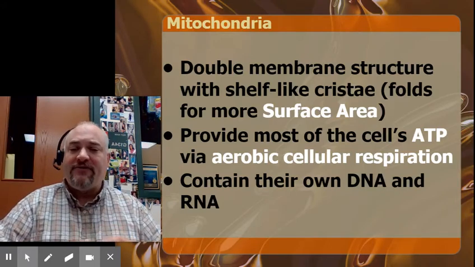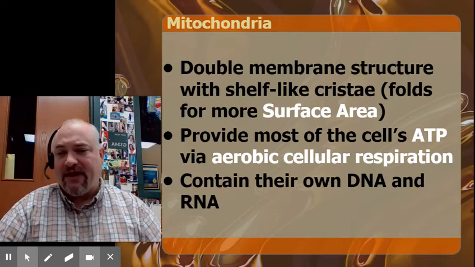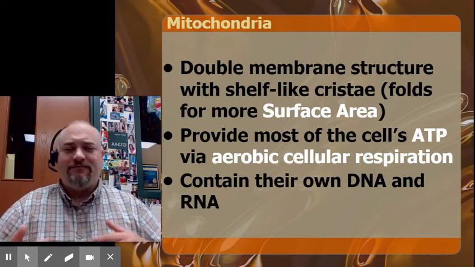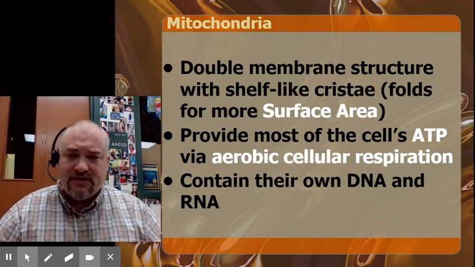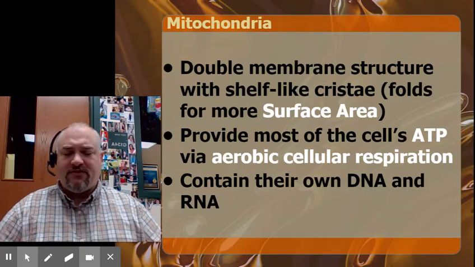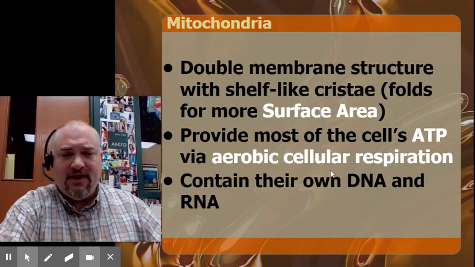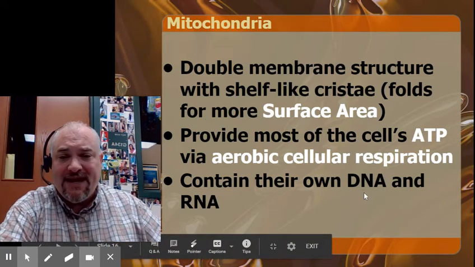So the mitochondria takes that glucose, turns it into ATP via a process called anaerobic cellular respiration, which is our main source of energy. We can do anaerobic without oxygen, but it's much less efficient. We'll talk about that when we get to the respiratory system. But anaerobic respiration is the main source. And interestingly enough, mitochondria contain their own DNA and RNA.